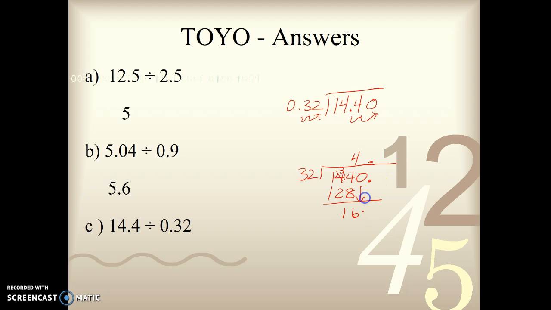And I'm going to bring down that 0. 160 divided by 32, let's say about 5 times. 5 times 2 is 10. 5 times 3 is 15, plus 1 is 16. Oh, look at that. That's perfect. Okay, and now we're done. So we don't have anything to the right of the decimal place, so our answer is just 45.